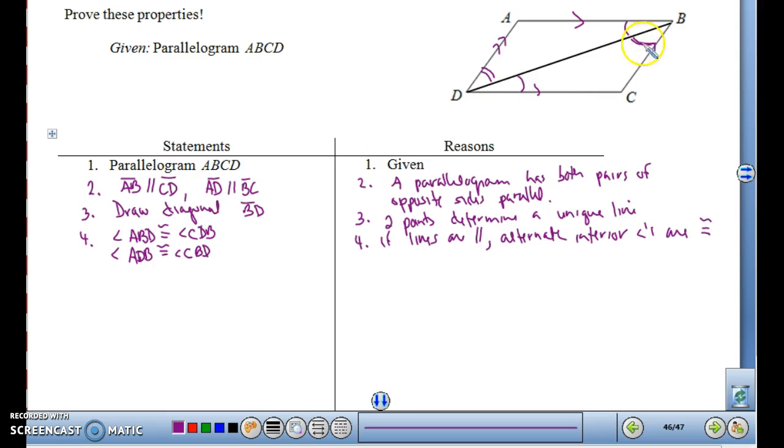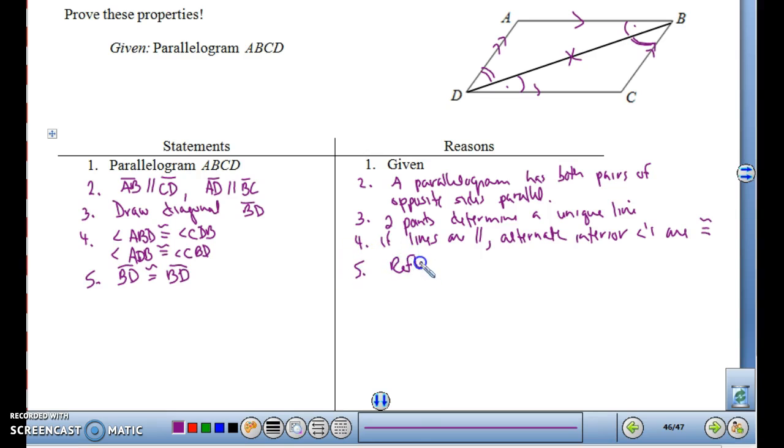These lines are parallel, these alternate interior angles are congruent. Okay, so all we're missing is a side. Well, isn't BD congruent to BD by the reflexive property?